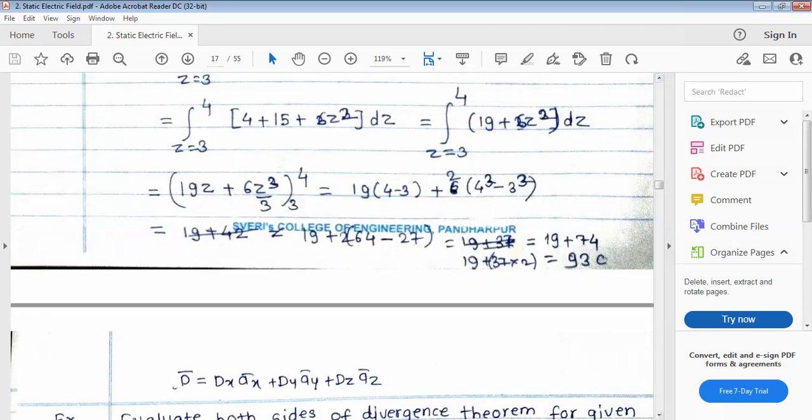By using the divergence theorem you can verify your answer also. In an examination it is not necessary to solve this, but if they ask, then you have to solve it. So I hope all of you got this example.